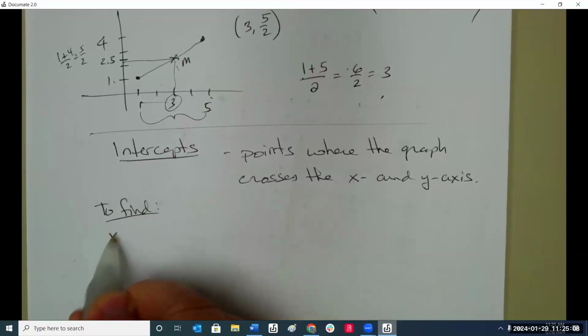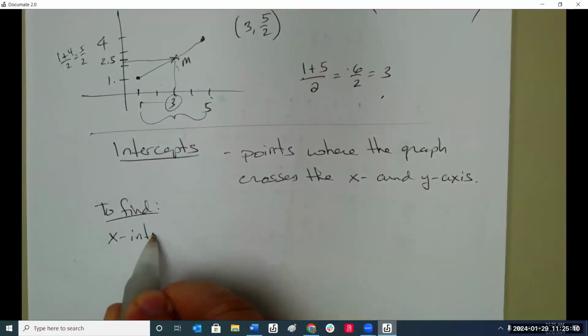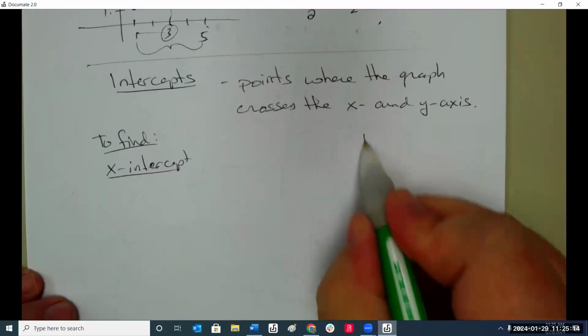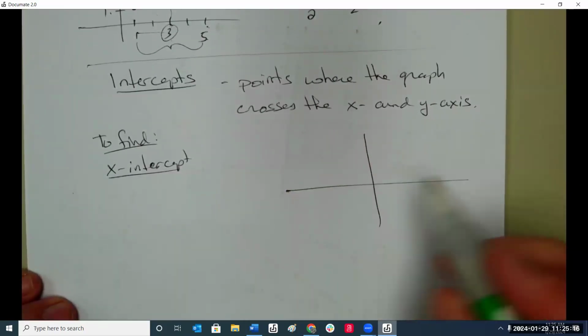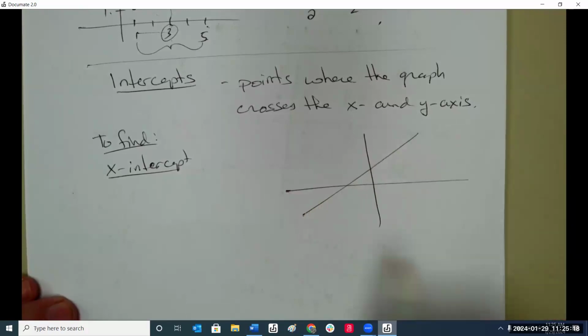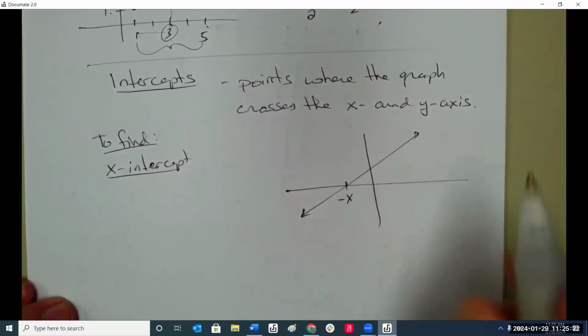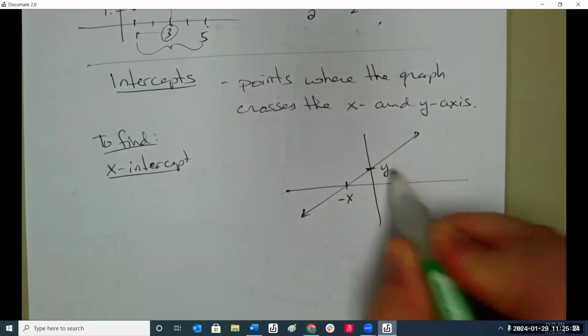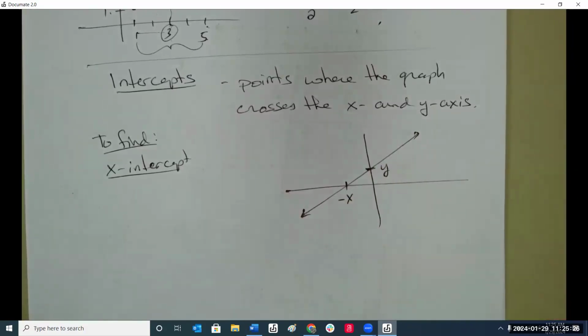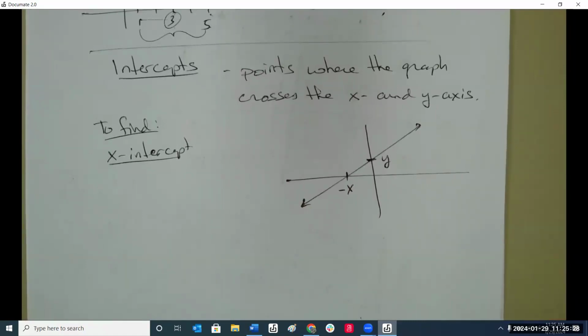To find the x-intercept, let's look at the graph of this function here. It crosses at negative x there and at positive, or whatever those values are. So this is the x-intercept, where it crosses the x-axis.